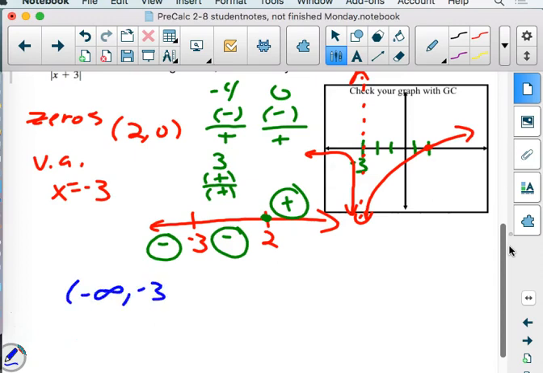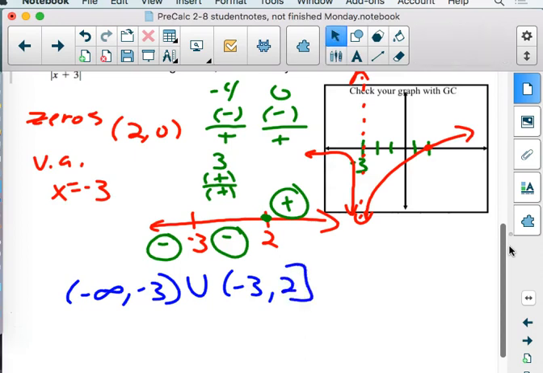Do we include the -3? Can't. It's a vertical asymptote. Where else? -3 to 2. Do we include either one of those? The 2, because it did have the equals. We can't include the -3. That was an asymptote. But we have to include the 2 because that was a 0.